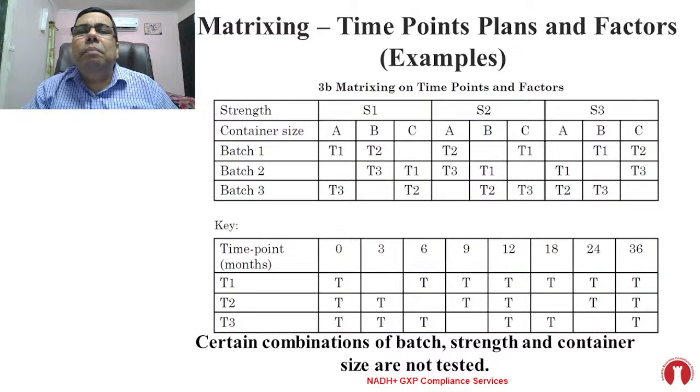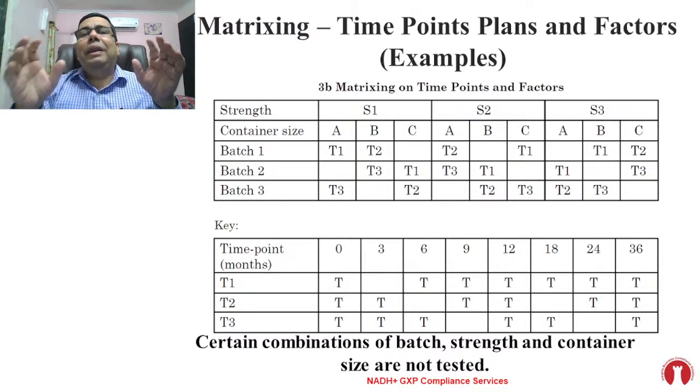Then container size B is not tested at all, so you are completely skipping the test of container size B. But container size C is tested for batch 2. So there is skip testing, and you can see further time points also have some skip points.